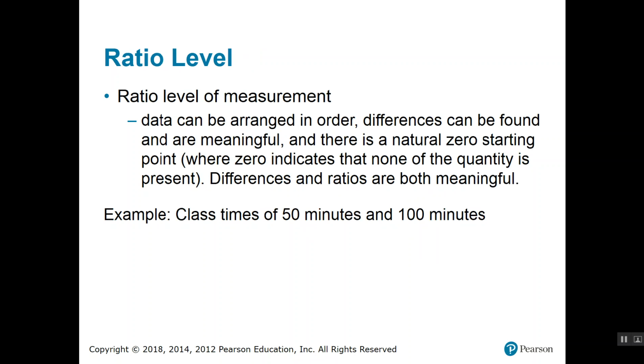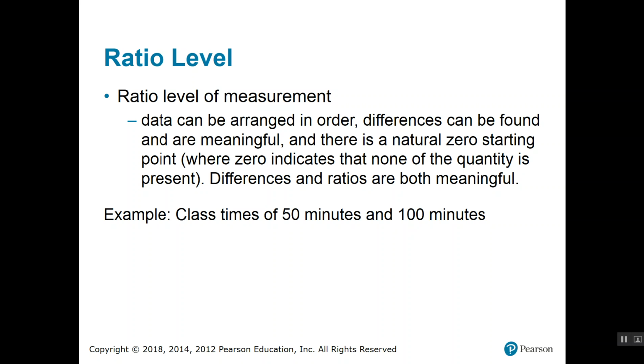Ratio as level is what we tend to do more when we're dealing with numbers. So we can definitely put them in order, 50 minutes versus 100 minutes. The idea of what's the difference between them means something. If my class time is 50 minutes versus my class time is 100 minutes, well, 100 is 50 more. That means something. I know my class is twice as long if I have 100 minutes. The other idea is 0 actually has a natural starting point.